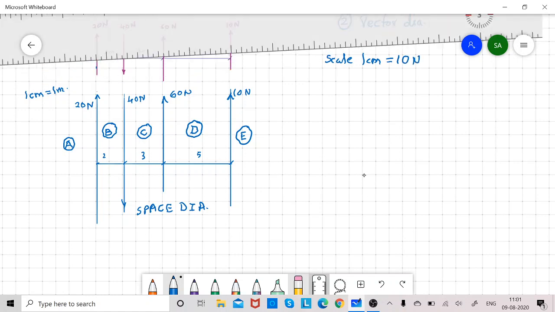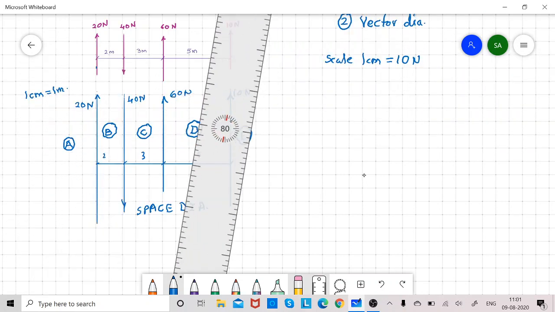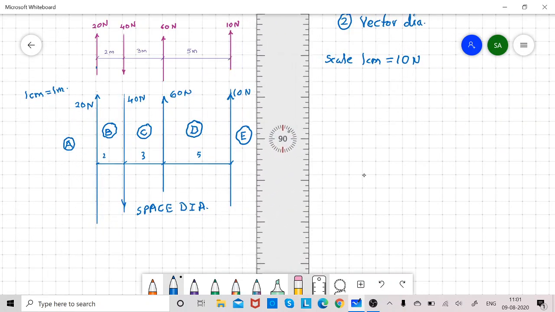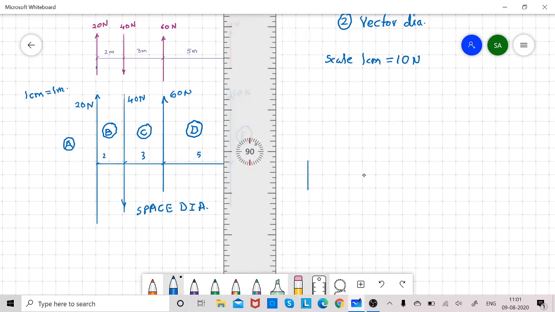Now to start with the 20 Newton force, which is upward, I will draw 2 centimeter, upward. Here I will use small letters a to b. 2 centimeter. Remember 1 centimeter equals 10 Newton. So to represent 20 Newton, I am drawing 2 centimeter.